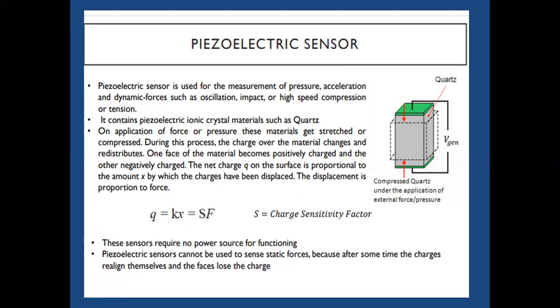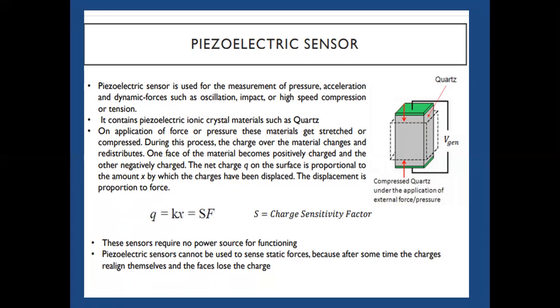During this process, the charge over the material changes and redistributes. So whenever force is applied on this quartz material, some kind of voltage is generated within the body.